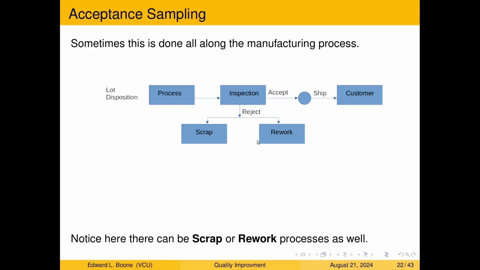But this is often done all through a manufacturing process. So you can think about it: if something takes multiple steps to do, one step is a customer of another step. So if we were to make coffee, think about it. There's a process that happens. I'm going to grind the coffee, right?